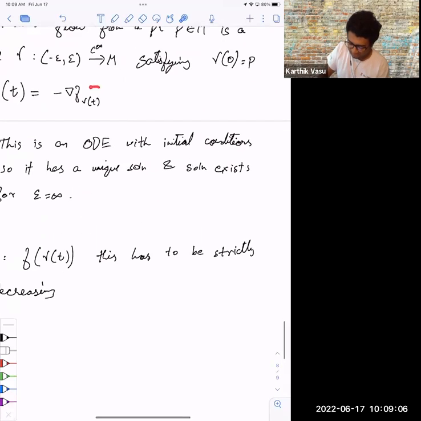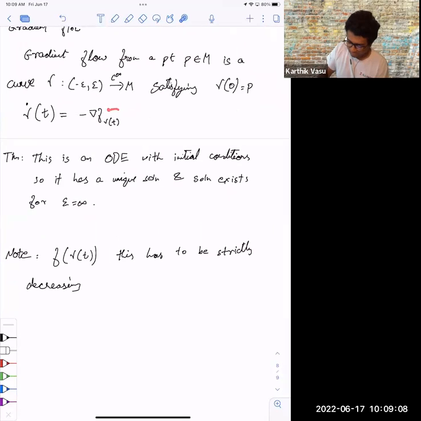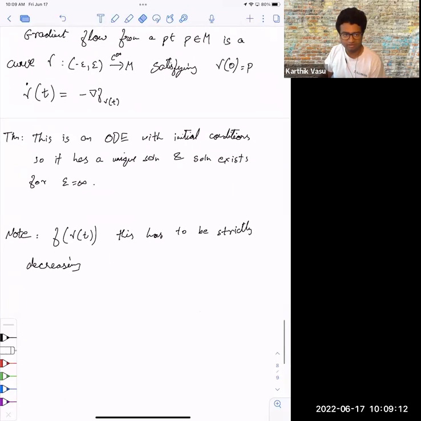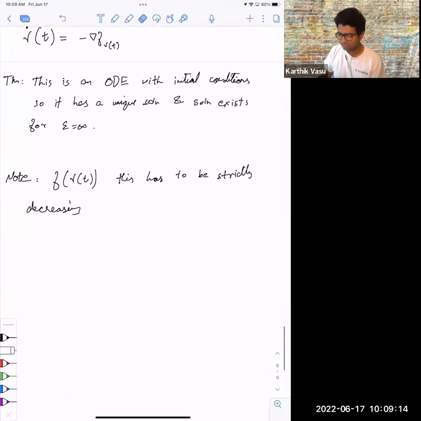And this gradient vector is 0 exactly when its dual is 0. Its dual is the derivative of f. And if df is 0, it means it's a critical point. So this is decreasing except for critical points.